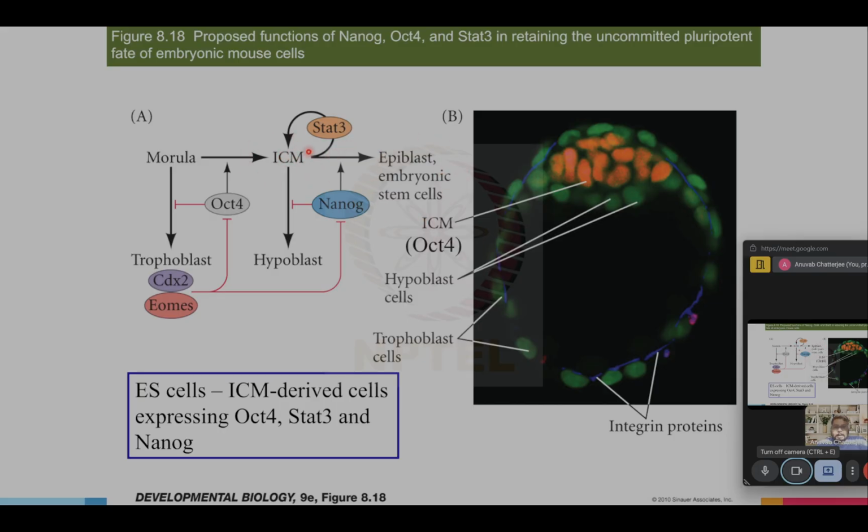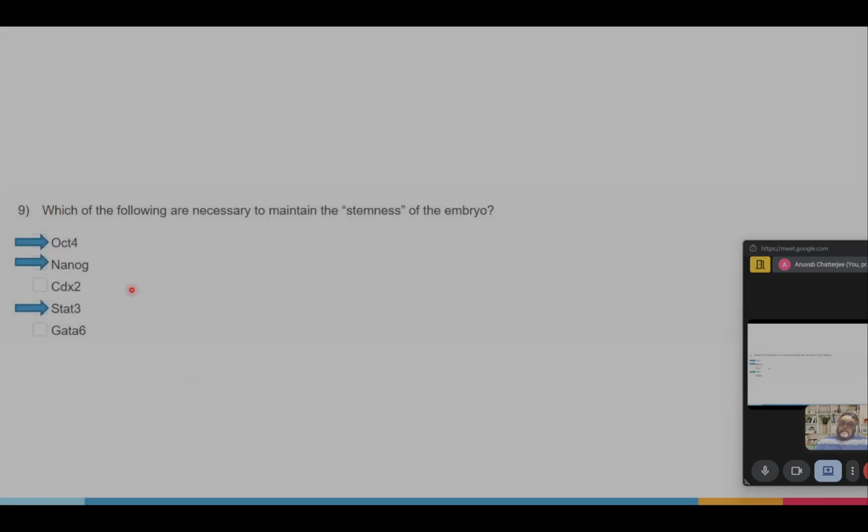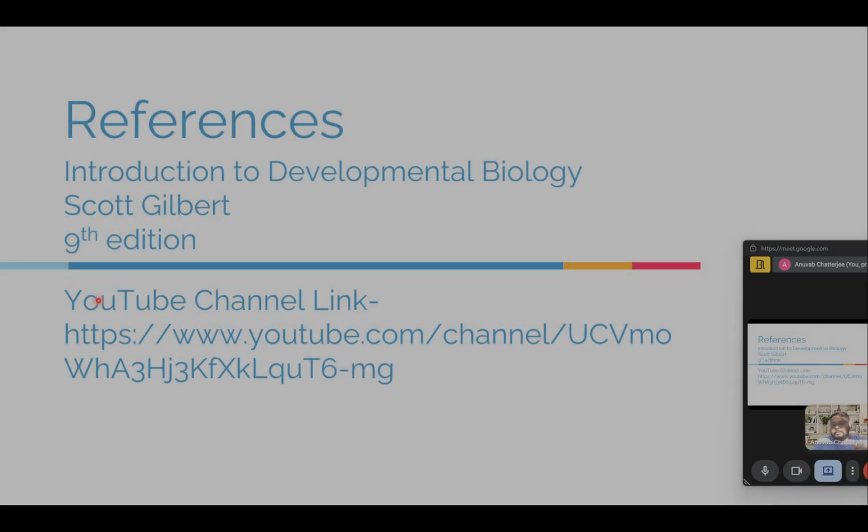And these cells in the ICM which have OCT4, NANOG and STAT3 are the embryonic stem cells that we hear so much about, that can give rise to any embryonic structures or any organs in the adult as well. And so ES cells are ICM derived cells expressing OCT4, STAT3 and NANOG. So if we go back to the question, which of the following are necessary to maintain stemness of the embryo? OCT4, NANOG and STAT3.